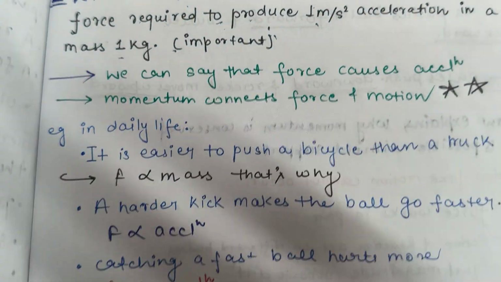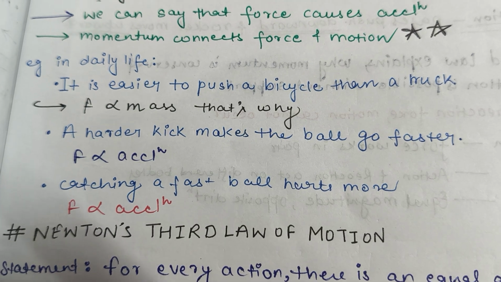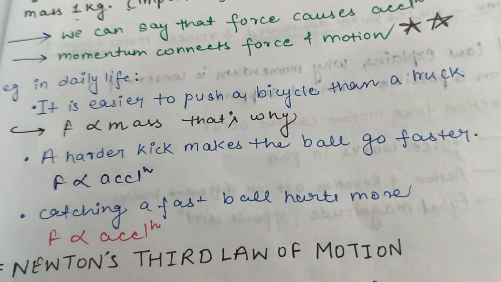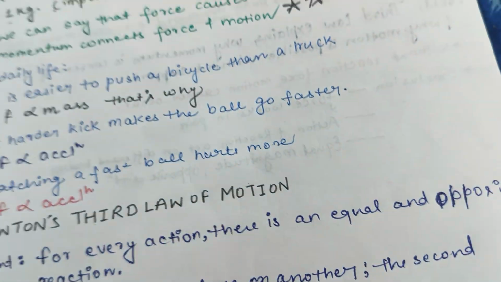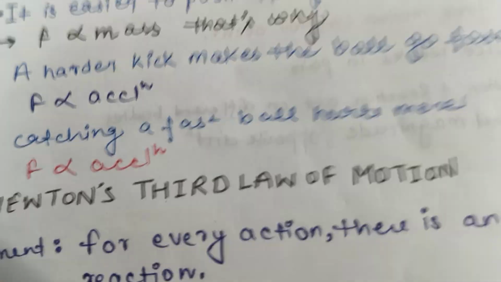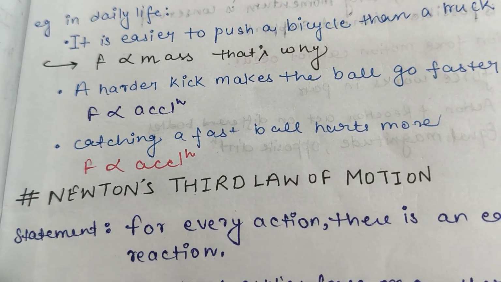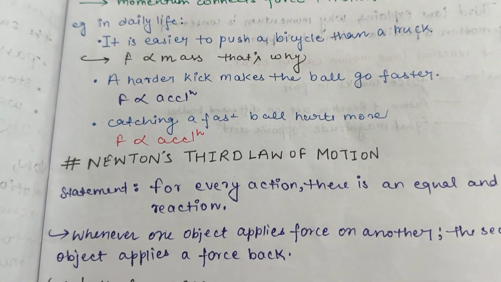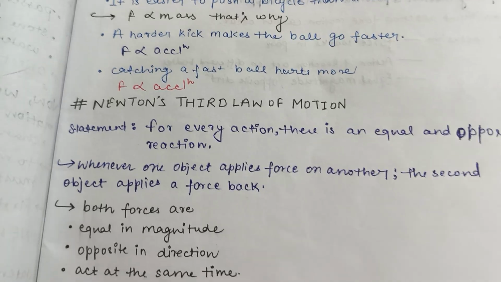For example, in daily life, it is easier to push a bicycle than a truck because of mass, because the one with the smaller mass will require a small amount of force. A harder kick makes the ball go faster, and catching a fast ball hurts more, because force is directly proportional to acceleration.